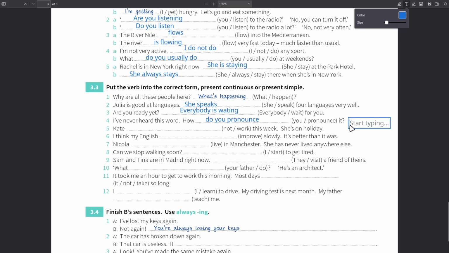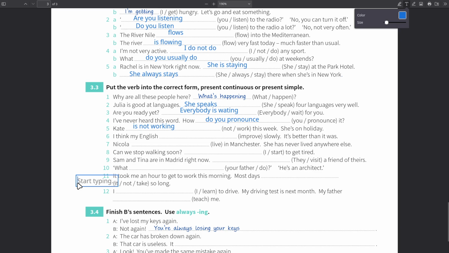Okay, so the correct answer is Kate is not working this week. Because right now she's on holidays, and because she's on holiday, she's not working this week, right? That's something that's happening right now. The action that she's not working, it's happening right now, this week. Okay.